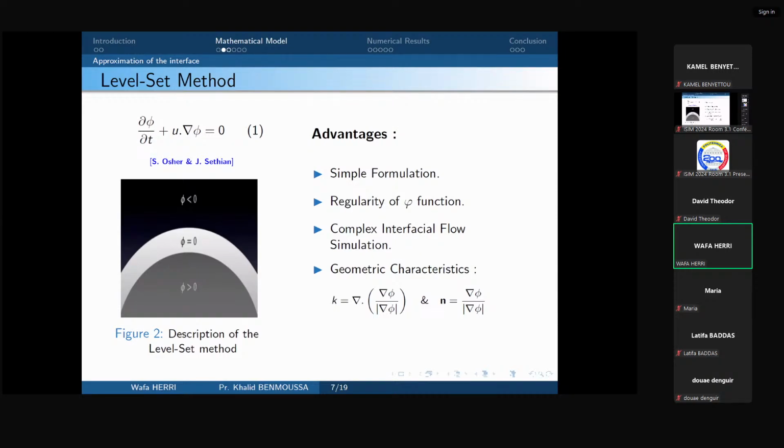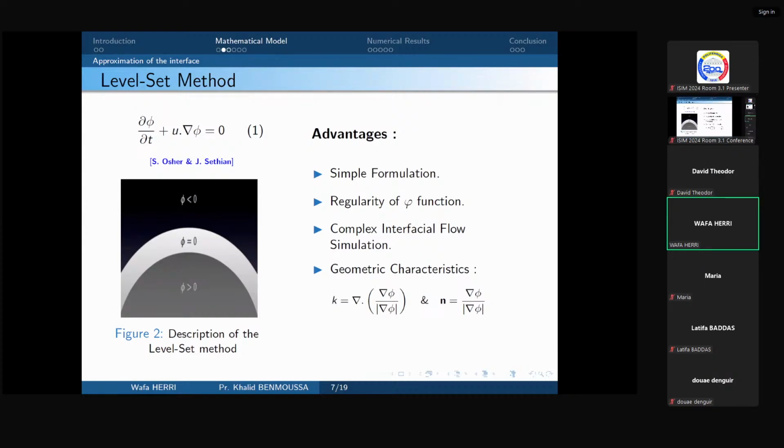This method, developed by Osher and Sethian, employs phi to track the interface. In the context of our study, phi is assigned a distance function that equals 0 at the interface, positive in one fluid and negative in the other, as illustrated in figure 2.